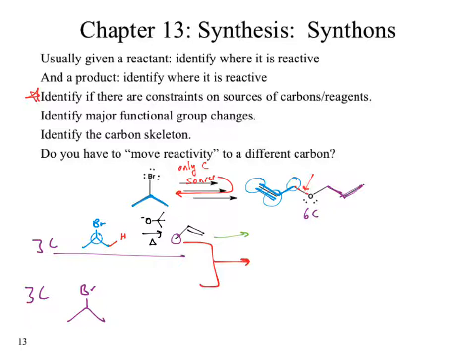radical. In that radical process, I'm going to do bromine, okay, in the presence of ROR, okay, or light. Okay, what happens? I get the radical substitution at the allylic position.